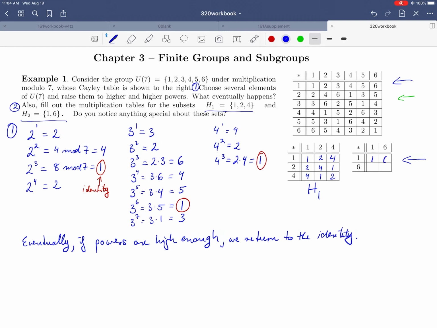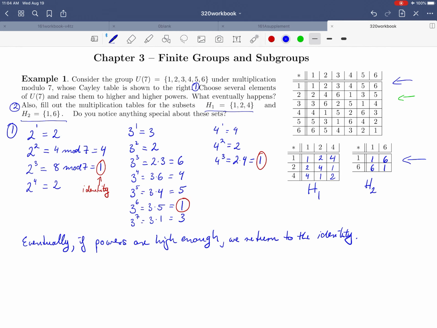And for the set H2, we're getting 1, 6, 6, and 1. This is what we call the set H2. What do you notice when you're looking at those Cayley tables? What do you observe about the entries?